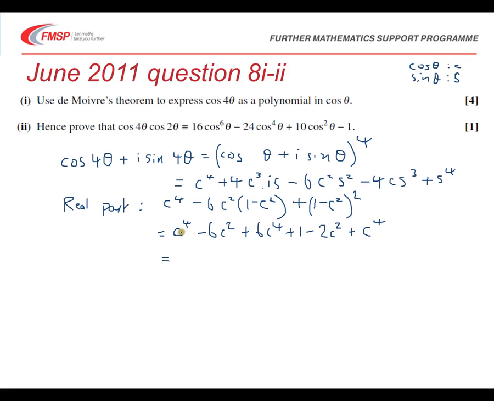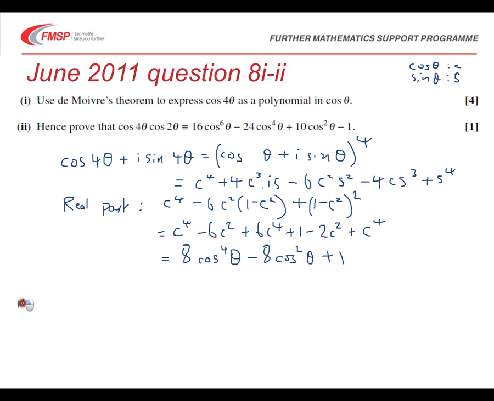So I get C to the 4, 6C to the 4 and C to the 4. I've got 8 cos to the 4 theta. I've then got minus 6 and minus 2 is minus 8 cos squared theta and a plus 1 on the end. Hence prove cos 4 theta times cos 2 theta is this right hand side here for 1 mark.